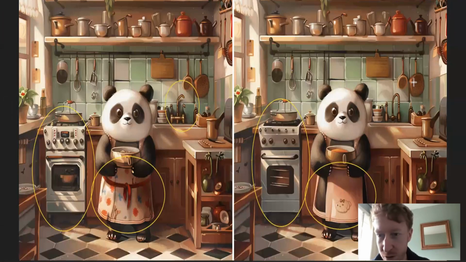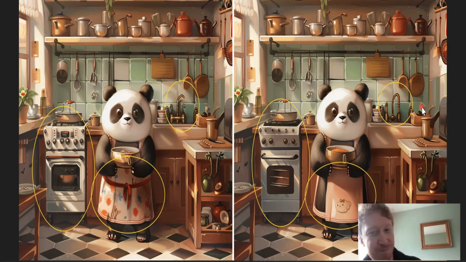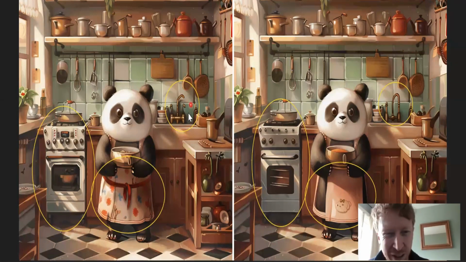There is a difference between the two taps. The tap on the left looks different from the tap on the right. I almost did not see this. This one was hard to see, but the tap on the left definitely looks different to the tap on the right side. So we've got the oven, the apron, and the tap are all different.